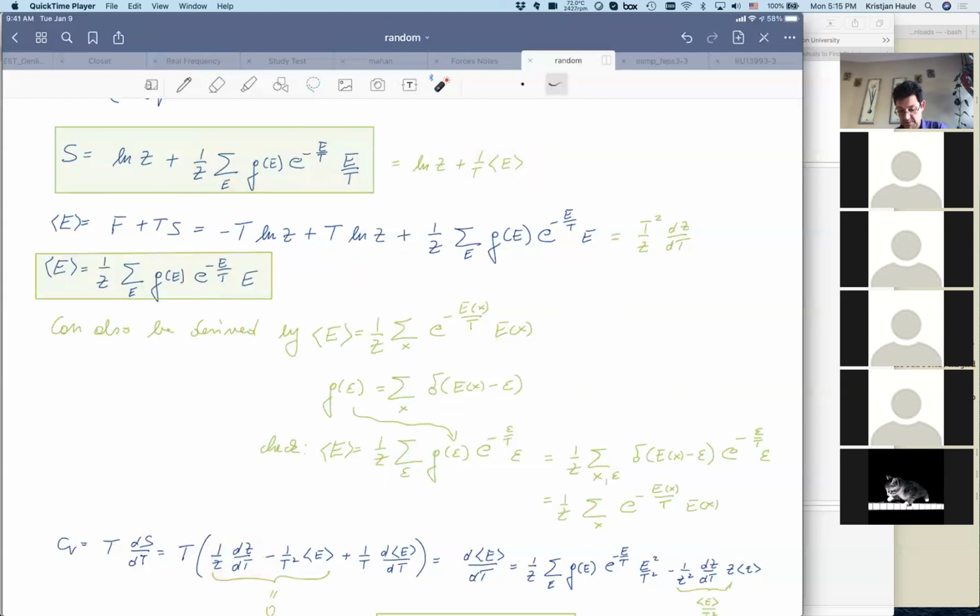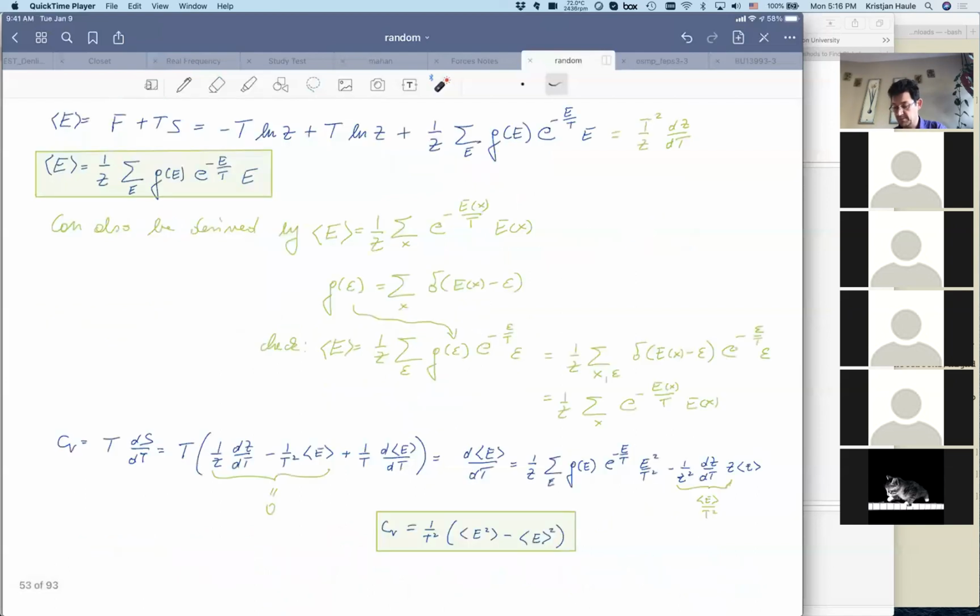So we took the derivative of this with respect to T, which is 1 over Z dZ over dT, but then we also need to take the derivative of this with respect to T. And when we take the derivative with respect to 1 over T, here we get 1 over T squared times average E. And then we also require the derivative of this quantity, d over dT. So we have 1 over T dE over dT, and then we see that these two cancel, and T and 1 over T cancel, so the result is dE over dT.